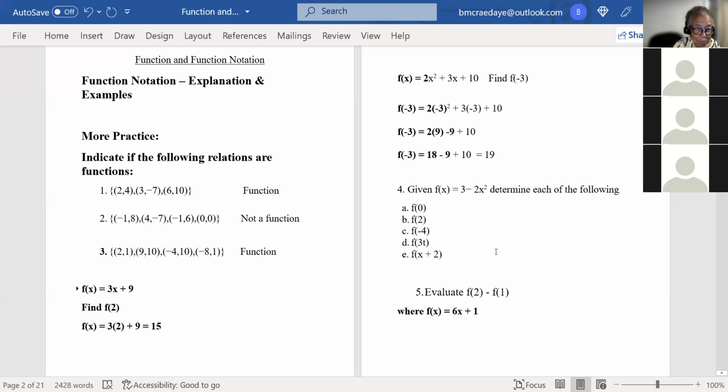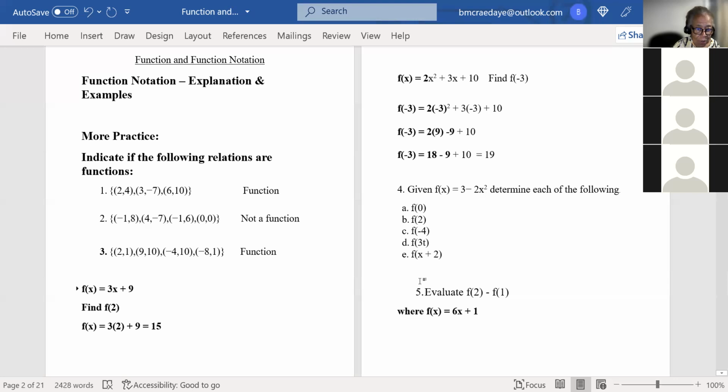X plus 2 is squared, yes, because x is squared. So whatever expression you put for the variable has to be squared. Just like 0 would be 0 squared, 2 would be 2 squared, minus 4 squared, 3t, 3t squared. Now x plus 2 squared.